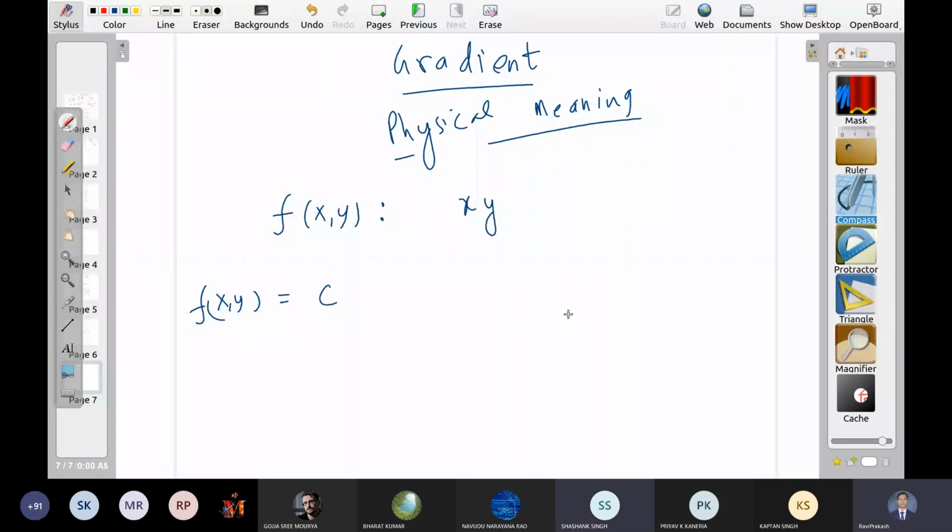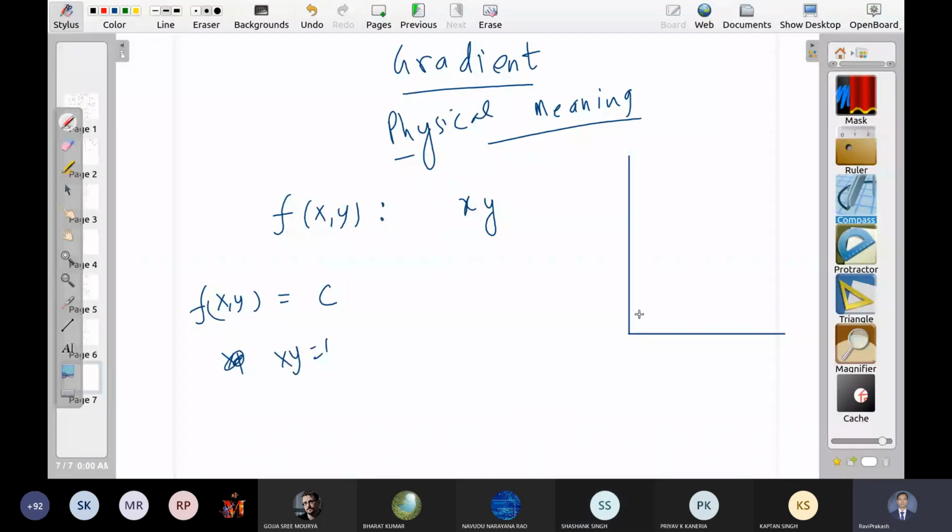This is the x-axis. This is the y-axis. So xy is equal to, let us say, 1. What kind of function is this?